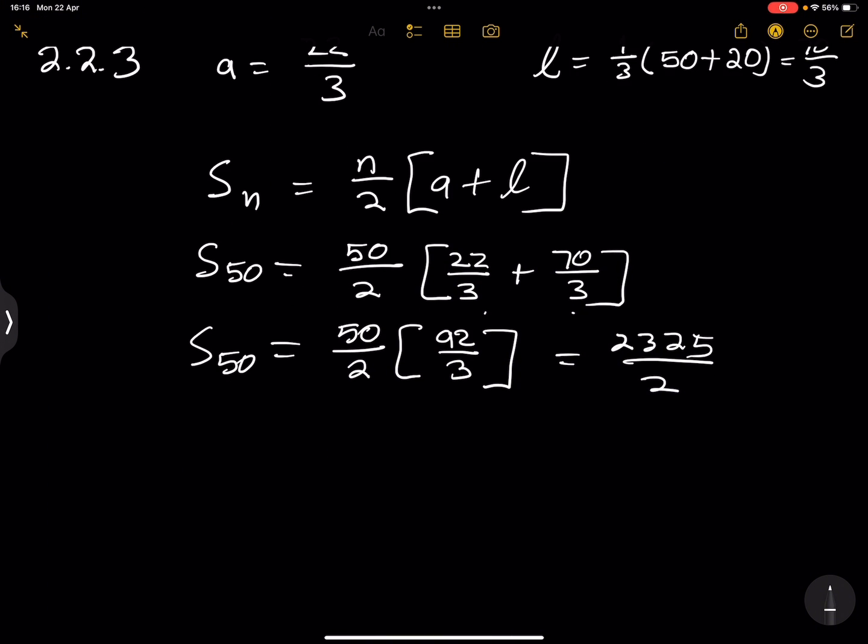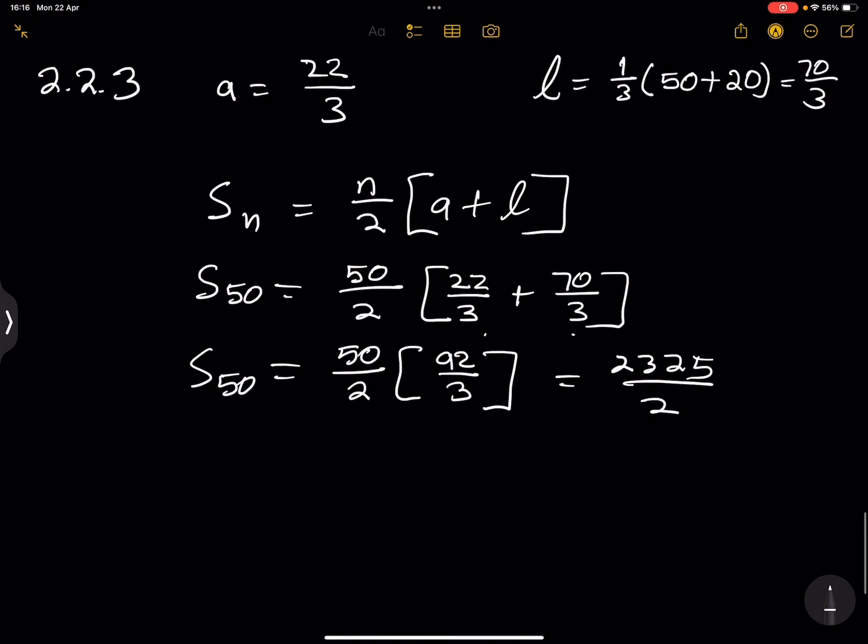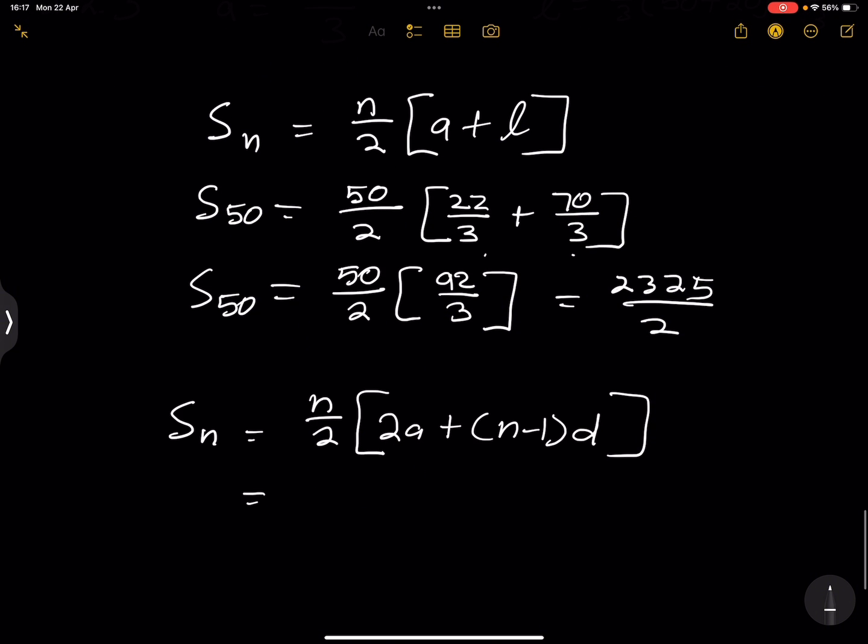What was another way in which I could do this? Remember Sn, this would be n over 2 into 2a plus n minus 1 times d. So if I'm looking for S50, that would be 50 over 2 into 2 times our a value, plus n minus 1.